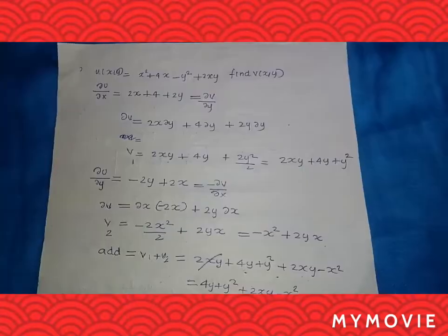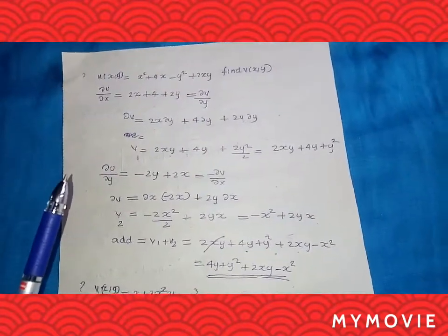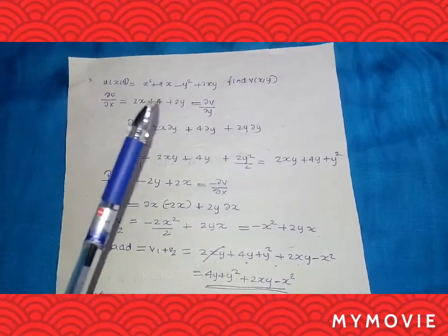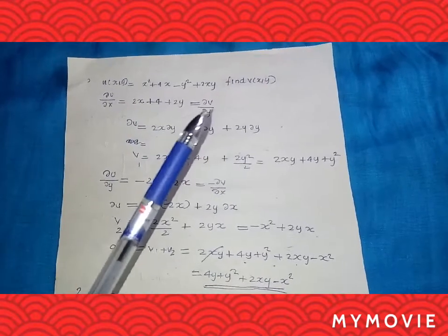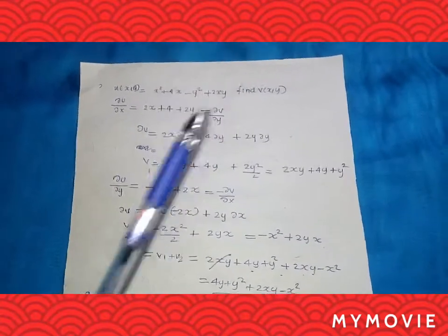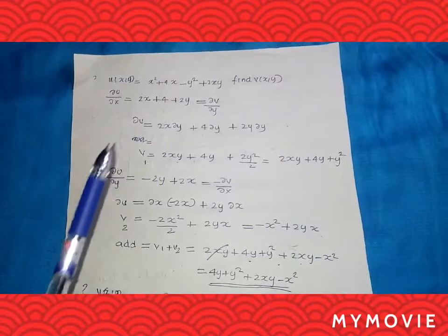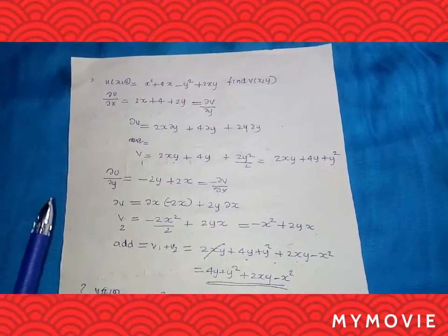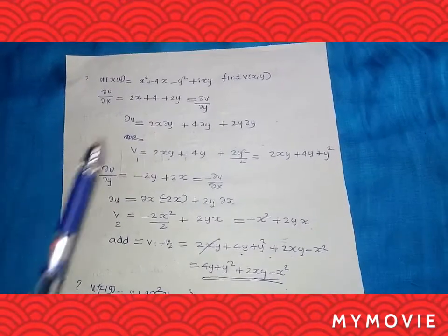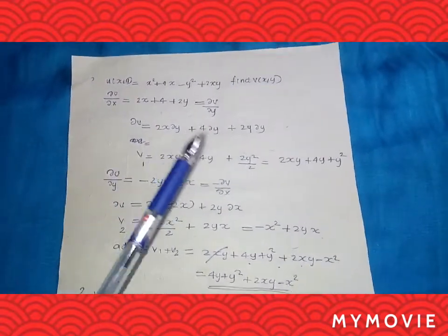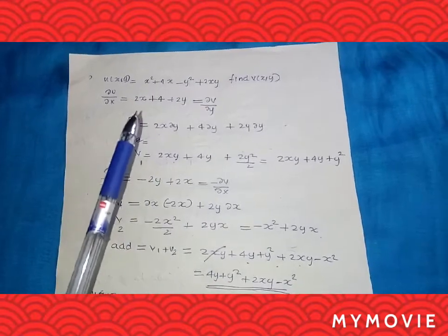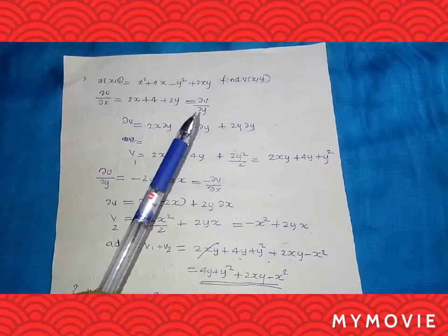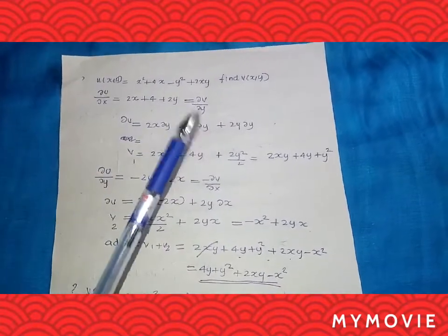Okay. For the next example, u of x comma y is x square plus 4x minus y square plus 2xy. Find v of x y, that is the imaginary part. So we check the Cauchy-Riemann conditions, find v, add these, check whether there is a repeated term and cancel it. First, dou u by dou x is 2x plus 4 plus 2y, and equate it with dou v by dou y.